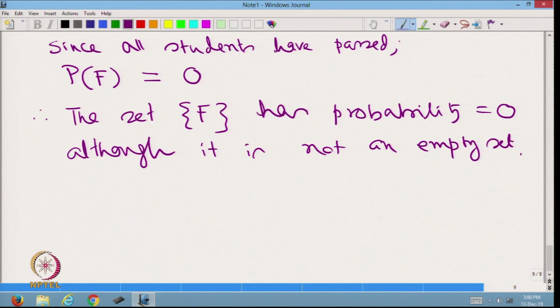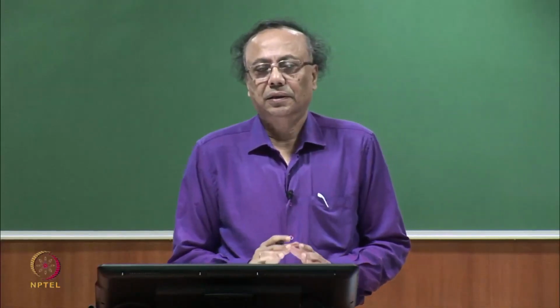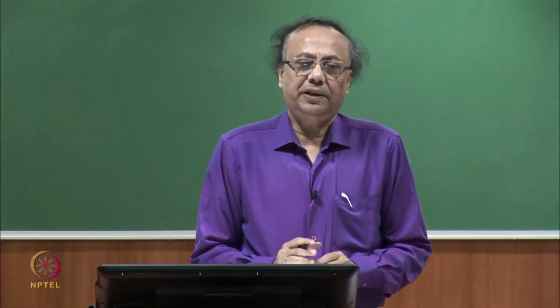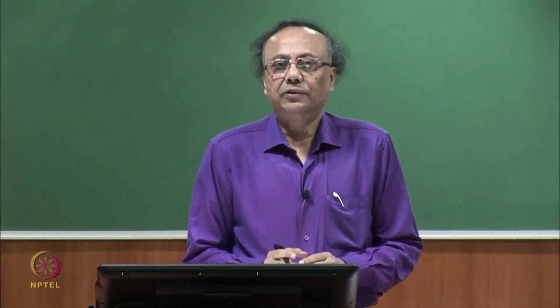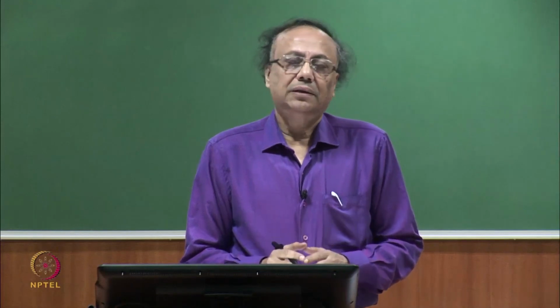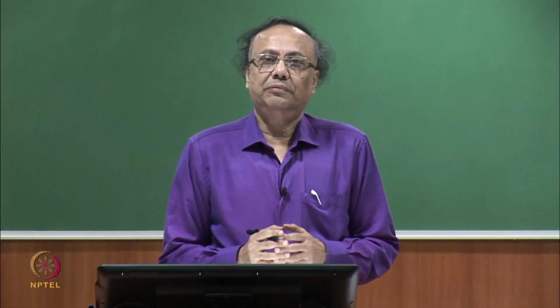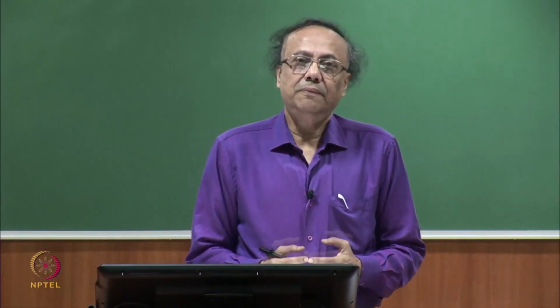Okay, students. So, I hope the distinction is clear. We are sure that if the set is empty, then its probability is going to be 0, but we cannot conclude that given a set has probability 0, or an event has probability 0, the event is going to be null.